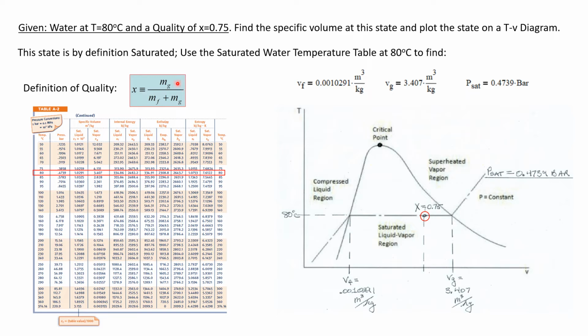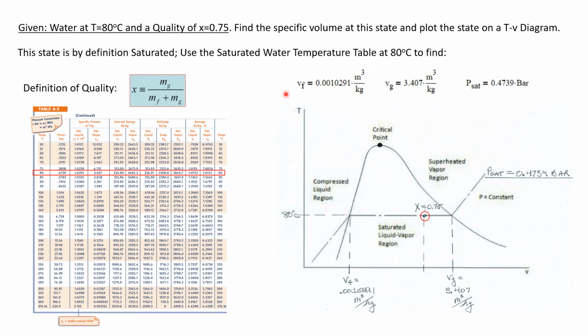We can see that at a saturated vapor, where it's all saturated vapor, the mass of the saturated liquid, m sub f, is going to be 0, and the quality will just be m sub g over m sub g, in other words, 1. So saturated vapor has a quality of 1, whereas a saturated liquid would have no vapor in it, so m sub g would be 0 and the quality would be 0.